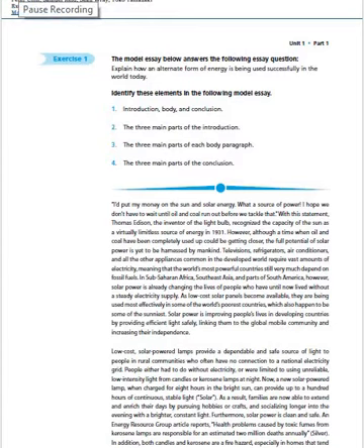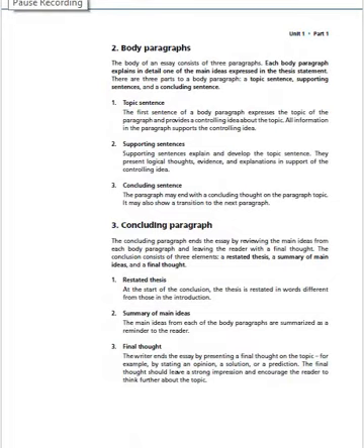So we are going to discuss here the next topic, that is the body paragraph. Dear student, the body of an essay consists of 3 paragraphs. Each body paragraph explains a detail on the main idea expressed in the thesis statement.